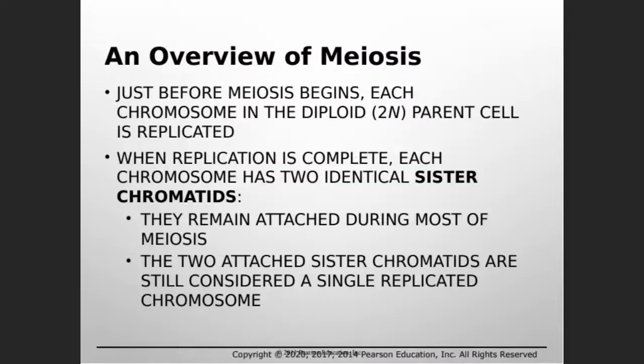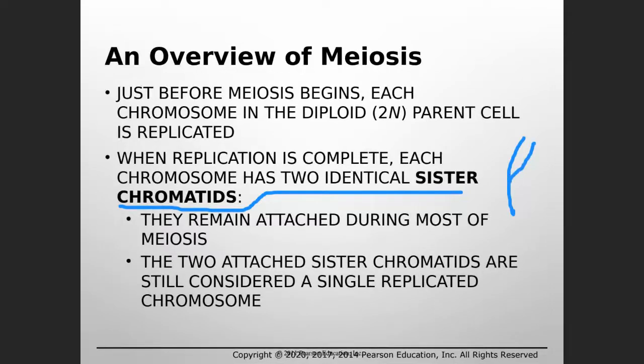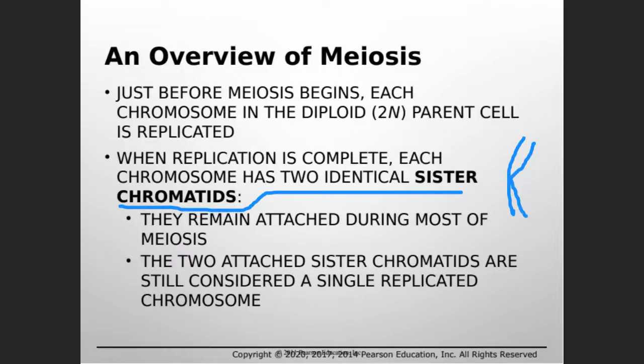All right. So meiosis, just before meiosis begins, each chromosome in the diploid parent cell is replicated, right? So again, you're going to copy your information first. When replication is finished, each chromosome has 2 identical sister chromatids. That's where you get those little X-shaped things we talk about, because you copied them. 2 sister chromatids, but it's still considered 1 chromosome as long as they're connected.